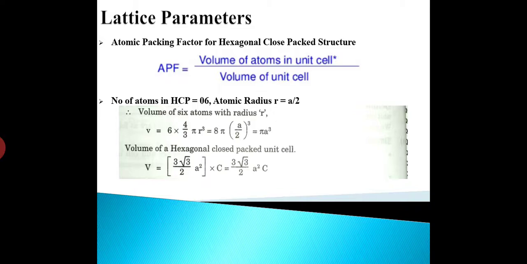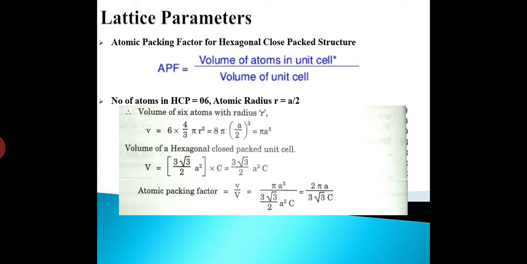So the triangle area of the hexagon is 1/2 into a, where a is the lattice constant, into a sin 60, into c, where c is the height of hexagon. We know that sin 60 is root 3 by 2. So we get the volume as triangle area into height of hexagon, that is c. So we get the volume of the hexagonal unit cell in two constants, that is a and c.